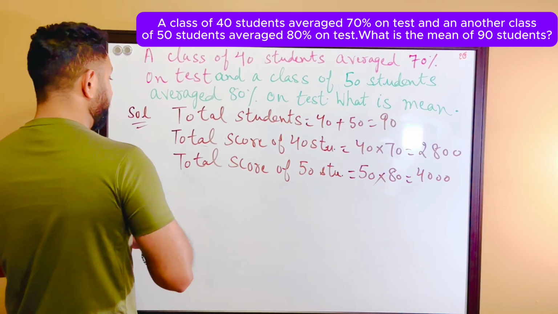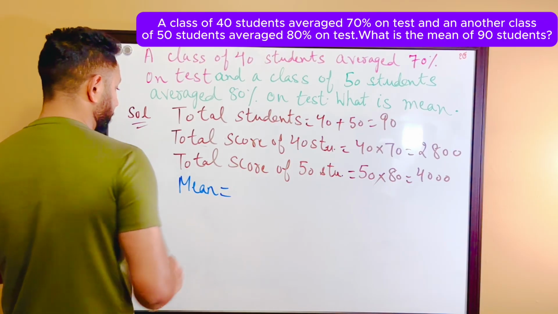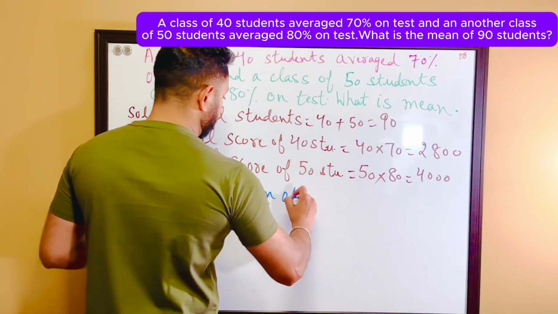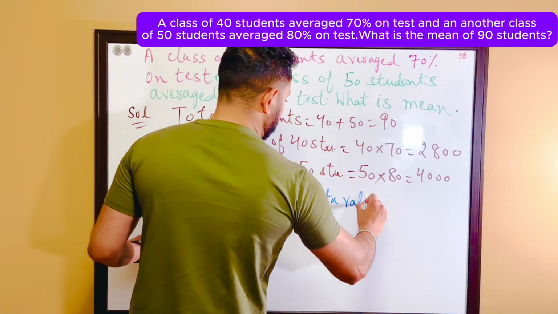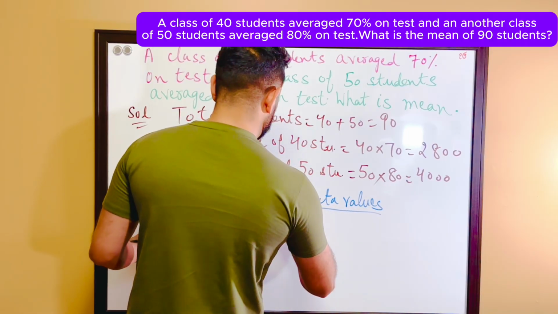and the formula for mean is sum of all the data values divided by count of data values.